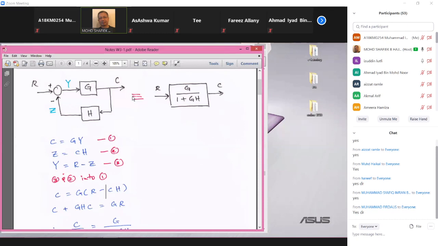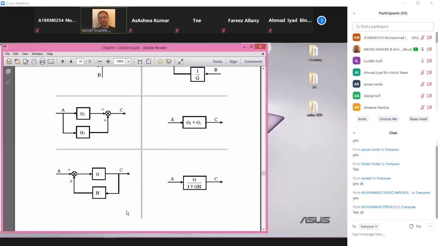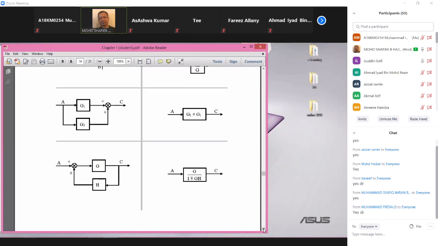We are going to use this table, the table that we have discussed before, when we want to simplify our block diagram. So now let us simplify some block diagrams to get the transfer function.